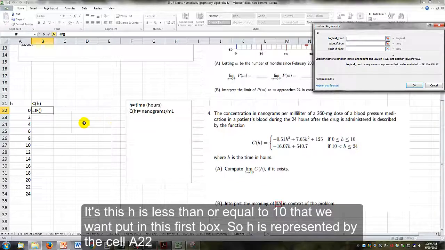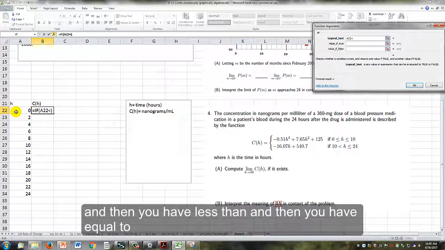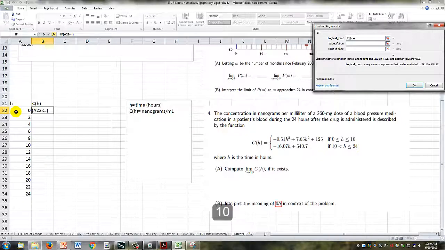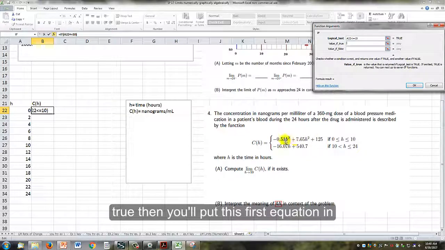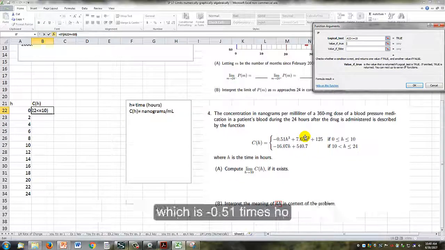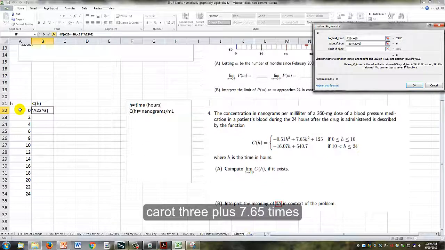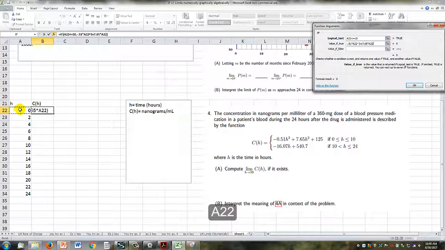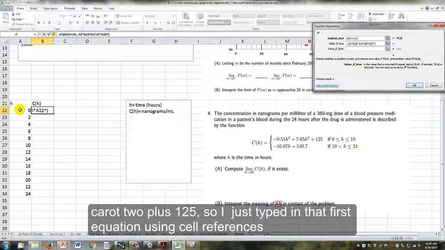So h is represented by the cell A22, and then you have less than, and then you have equal to 10. Now if this is true, then you will put this first equation in, which is negative 0.51 times h caret 3 plus 7.65 times A22 caret 2 plus 125.